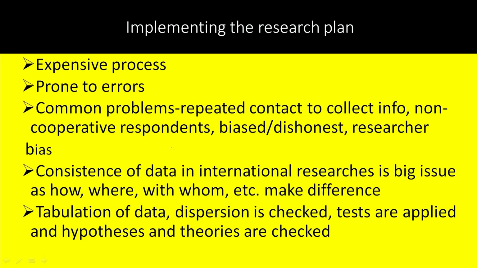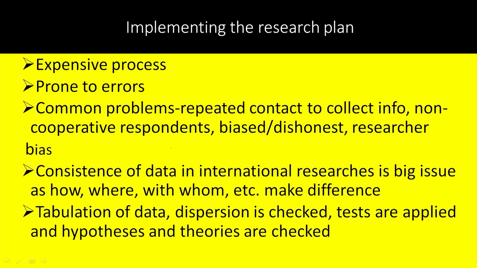So, the research approach is there, research plan is there, sampling strategies are there, tool for data collection is there, what kind of data is to be collected, from how many people it is to be collected, everything, the entire plan framework has been set. Now, it needs to be implemented. We need to understand here that it's an expensive process.